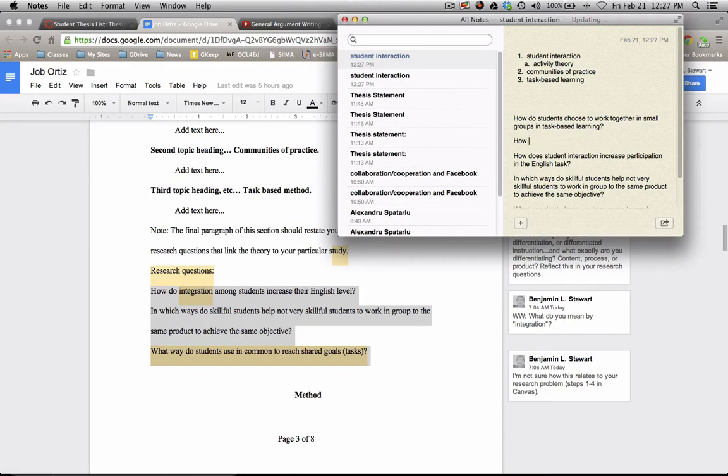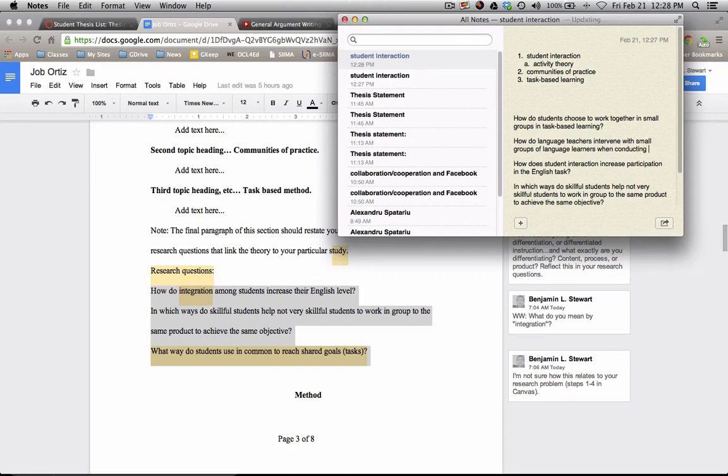How do language teachers intervene with small groups of language learners when conducting task-based learning?